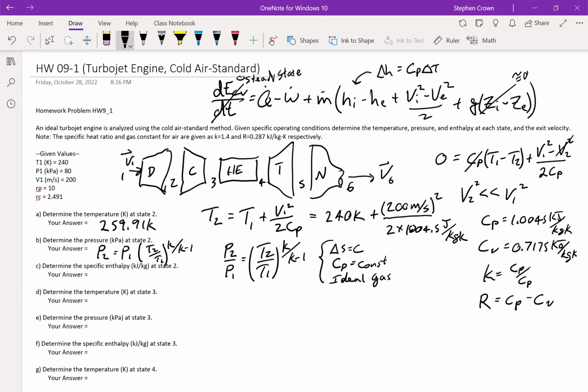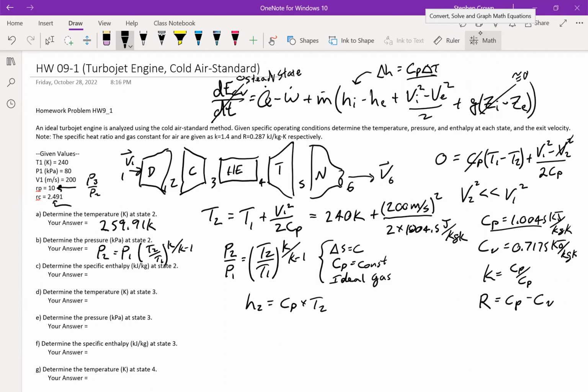Then to find the specific enthalpy, we'll just use the expression above here. So we have that H2 equals Cp times T2, where Cp is 1.0045 kilojoule per kilogram K. The temperature at state 3, we're going to use the value given for our P, so that's P3 over P2.